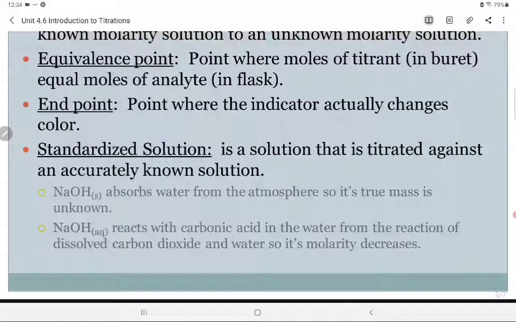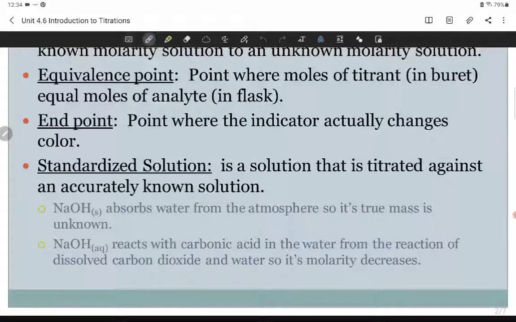And sodium hydroxide is kind of famous for this. So if you try to make a sodium hydroxide solution, maybe you are trying to make a 0.1 molar solution. Well, it turns out it'll likely be less than 0.1 molar by the time you actually make the solution.